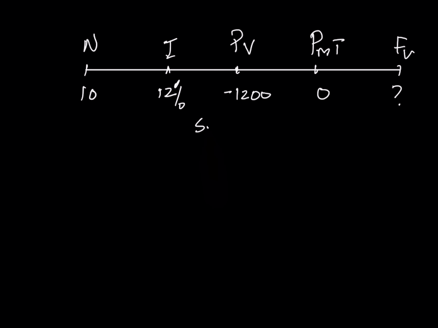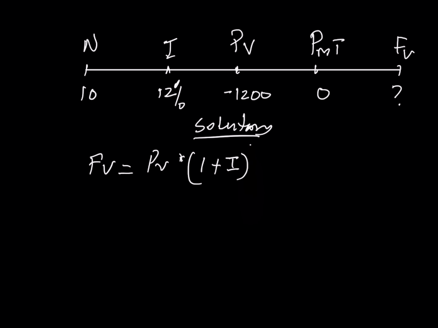So now, the solution. In order to solve this problem, we can use the future value formula. It states that FV equals PV times (1 plus the interest rate) raised to the N power.